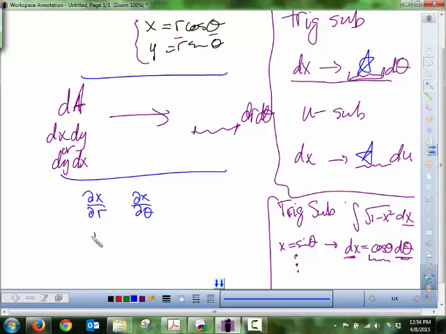And likewise, I can have the derivative of y with respect to r and theta as well. So I have 4 derivatives to work with, and somehow I want to try to combine this into one thing, so I can have this one thing to put with the dr d theta.